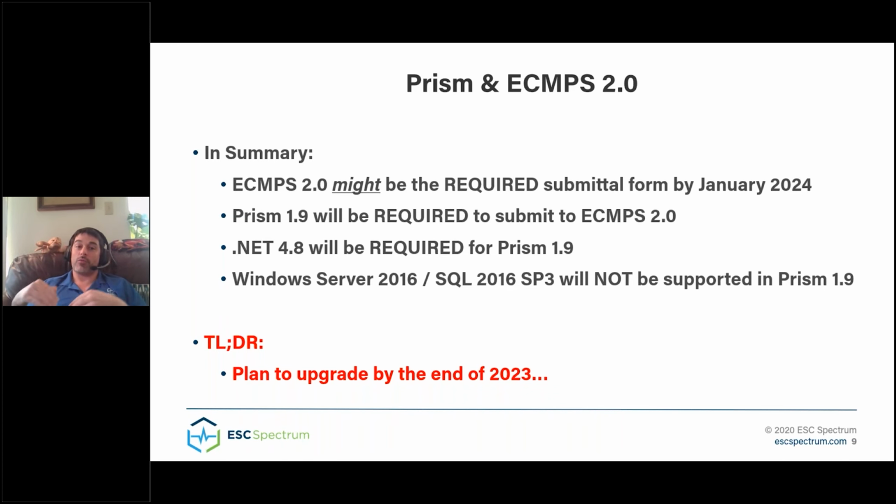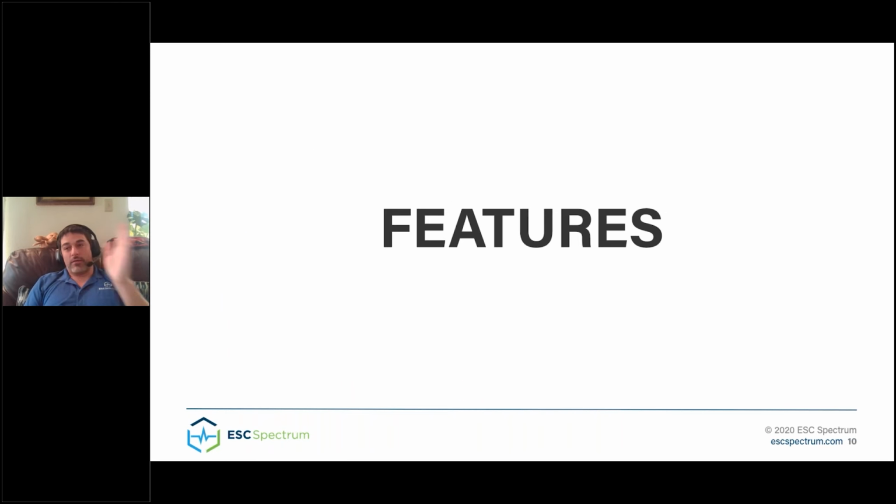And .NET 4.8 will be required to support Prism 1.9, and Windows Server 2016 and SQL Server 2016 SP3 will not be supported by 1.9. So, too long, didn't read: plan to upgrade by the end of 2023. That's what this really comes down to. Okay, now on to the features.